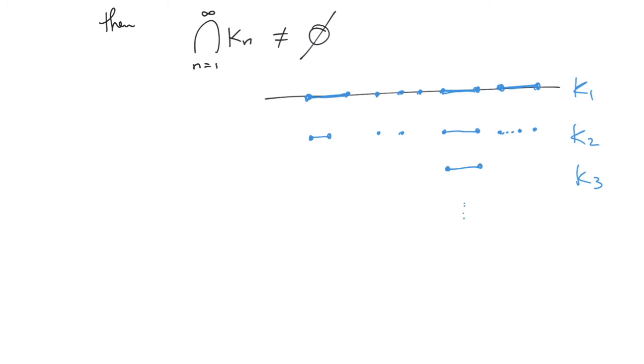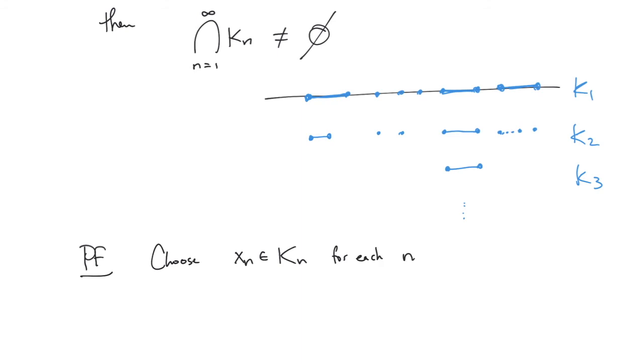But the idea is I'm going to just choose some points. So I'm going to choose just any point, really, xn in Kn for each n. I'm building a sequence by just choosing one point at each level here.